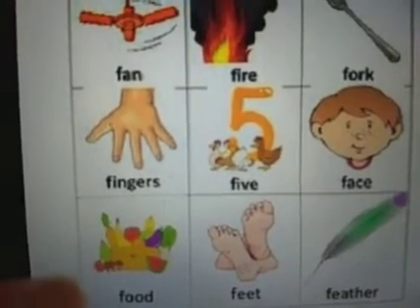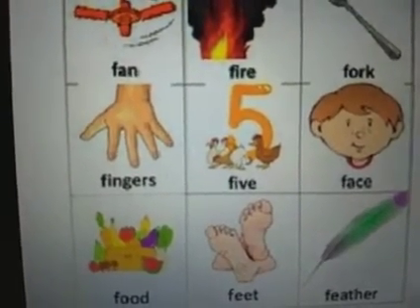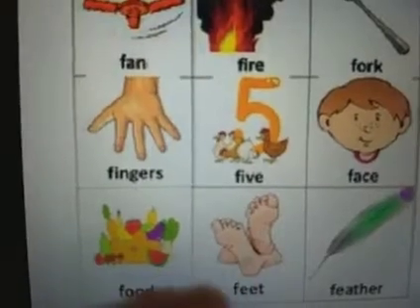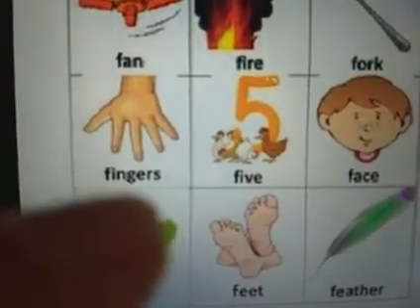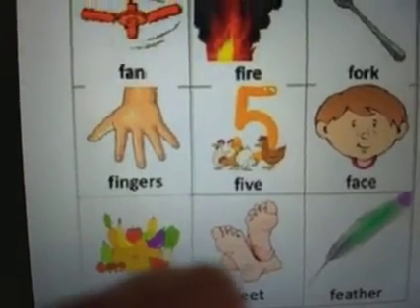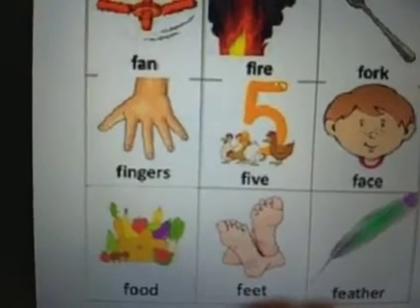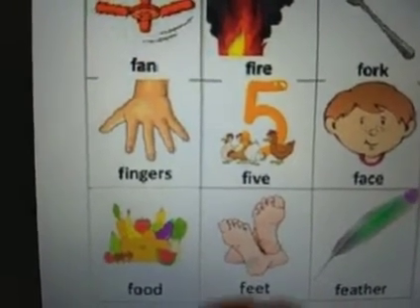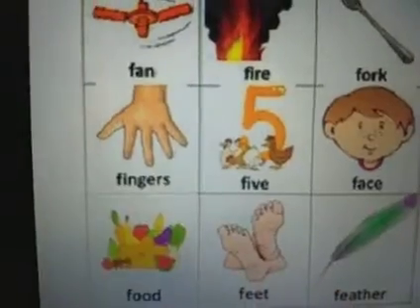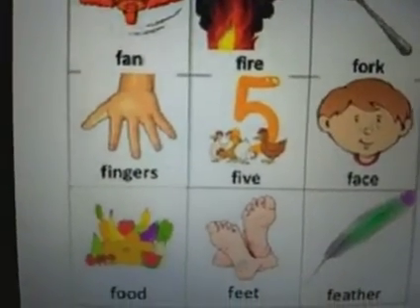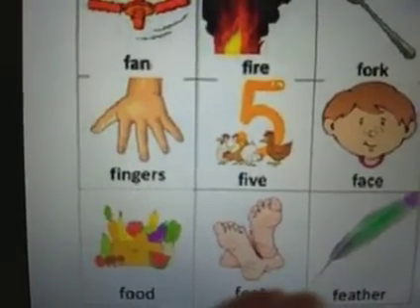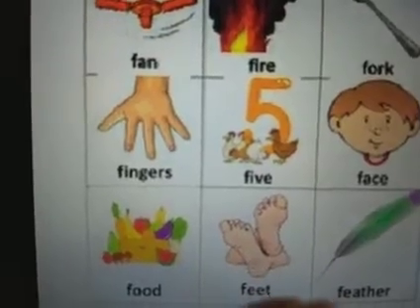Yes, food, and even fruits begin with the sound F. These are called feet. Feet. This is a feather. Yes, birds have feathers. That again begins with the sound F.